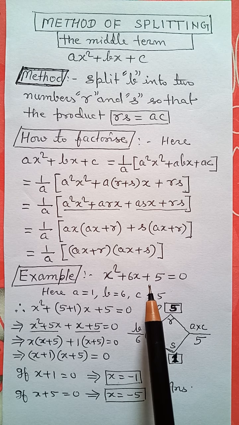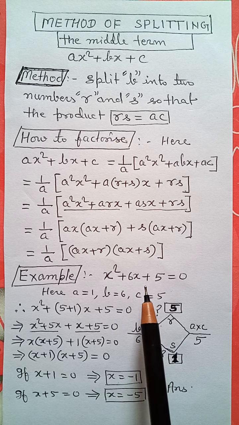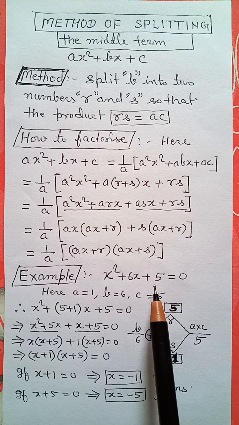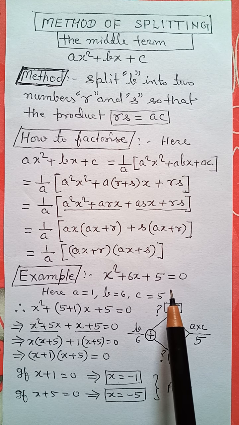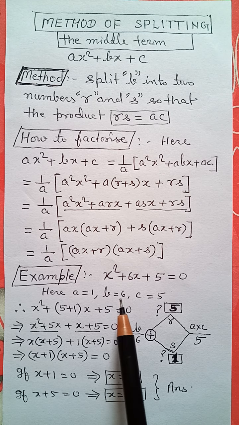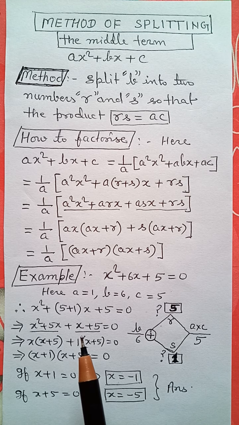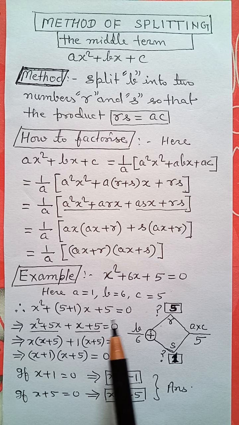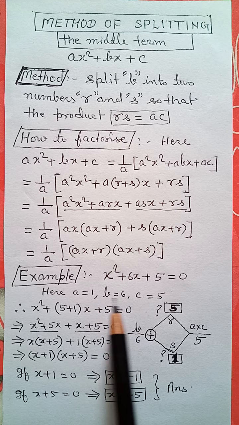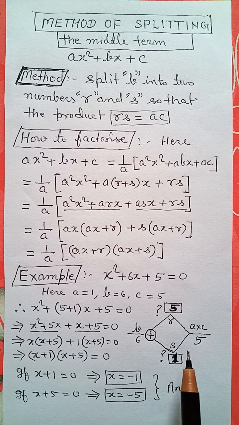Comparing it with the standard form, ax square plus bx plus c is equal to 0, a is 1, b is 6 and c is 5. Now let us find the product ac. ac is 1 multiplied by 5, that is 5.